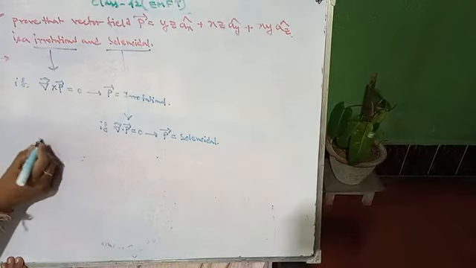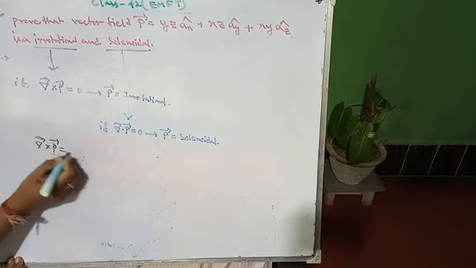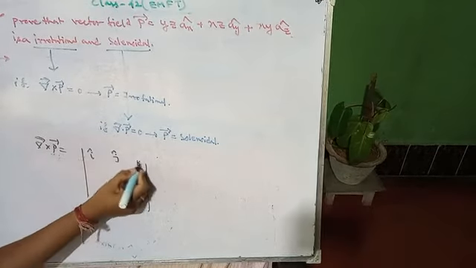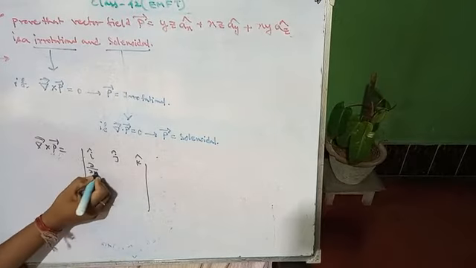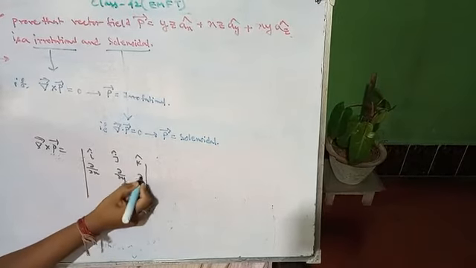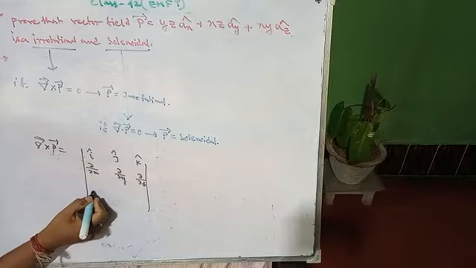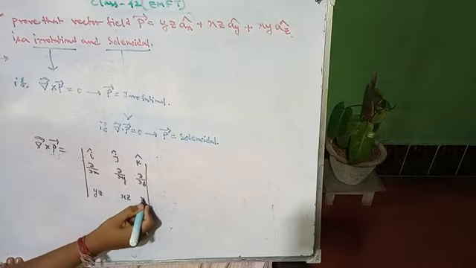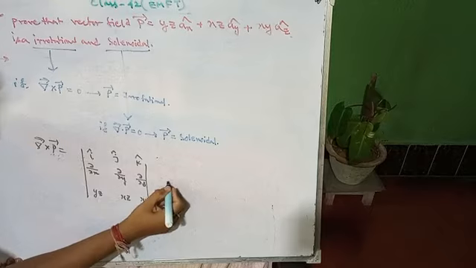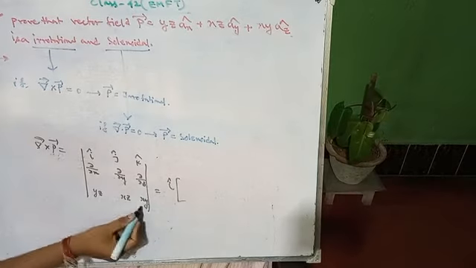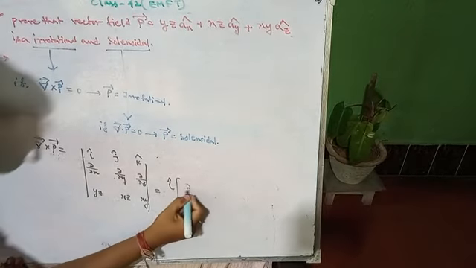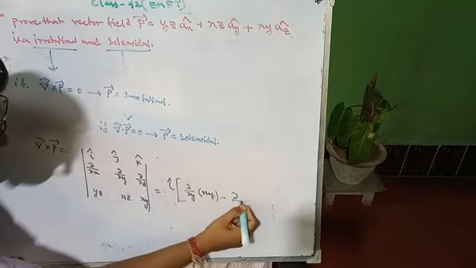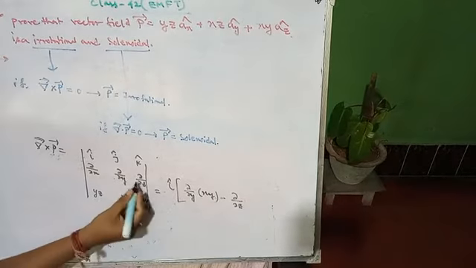Okay, so if we perform the curl of P, then I vector, j vector, k vector will be there, del x, del y, and del z will be there, and yz, xz, and xy. So your result will be taking out I cap: del y of xy minus del z of xz.